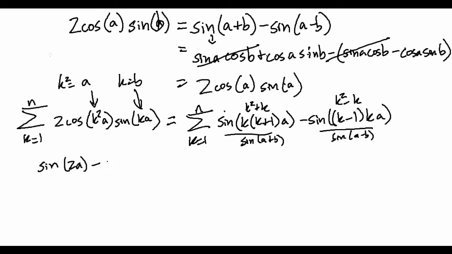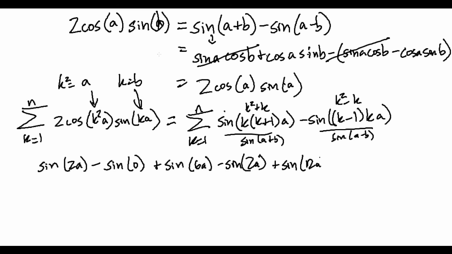Now we move on to k equals 2: 2 times 3 is 6, and 2 times 1 is 2, so sine 6A minus sine 2A. For k equals 3, 3 times 4 is 12, so sine 12A minus sine 6A.